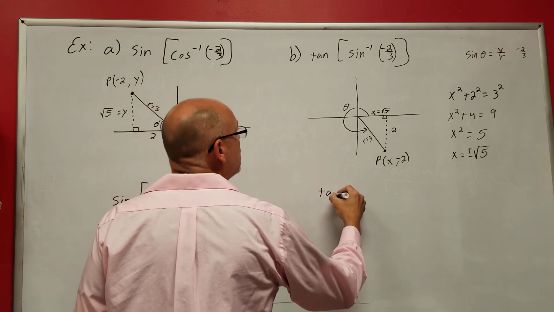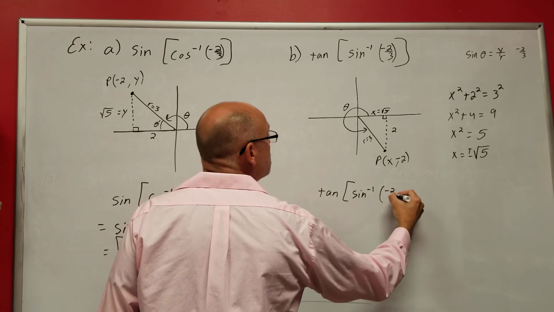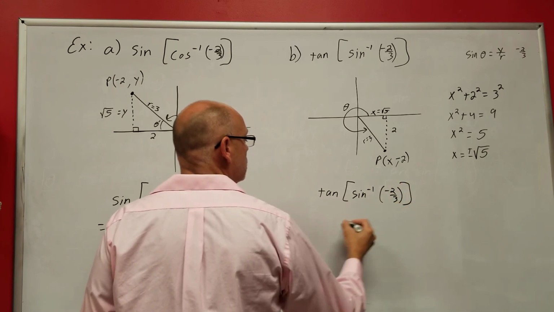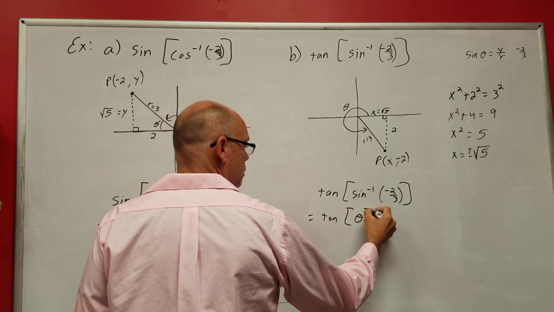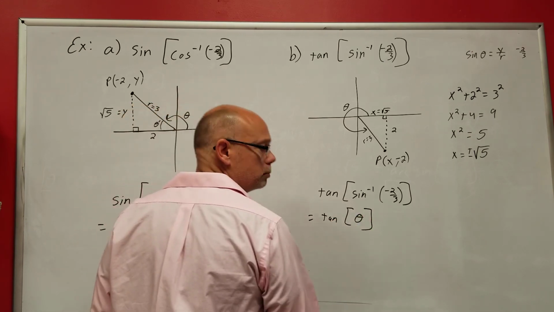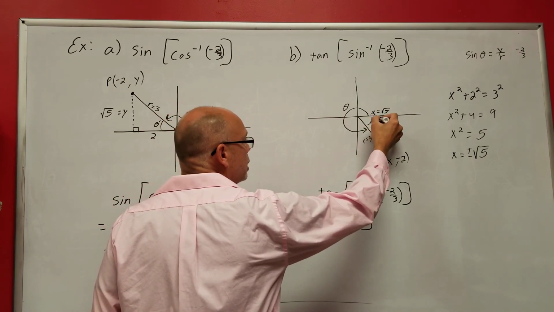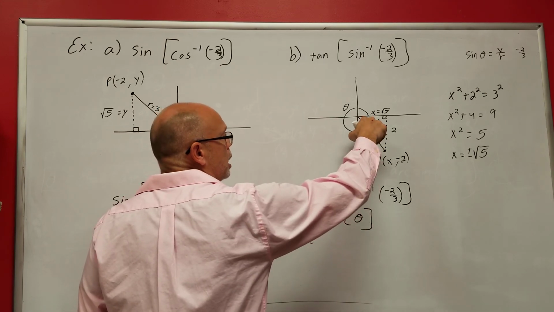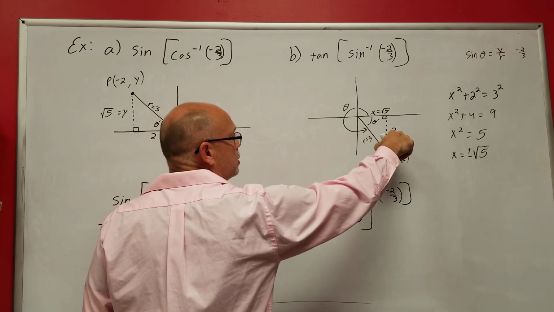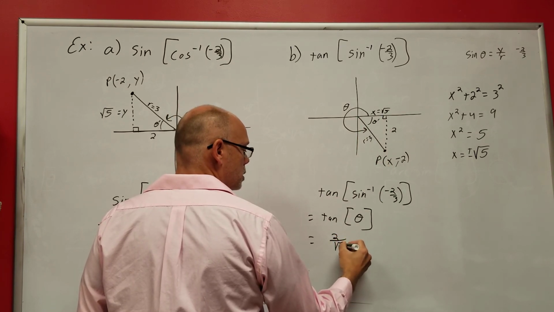So if I want the tangent of the inverse sine of -2/3, I want the tangent of that angle theta, right? And I could use the triangle here and say, here's the angle theta prime that'll have the same tangent. If I use the triangle, tangent is opposite over adjacent, so I'm going to say 2 over square root of 5.